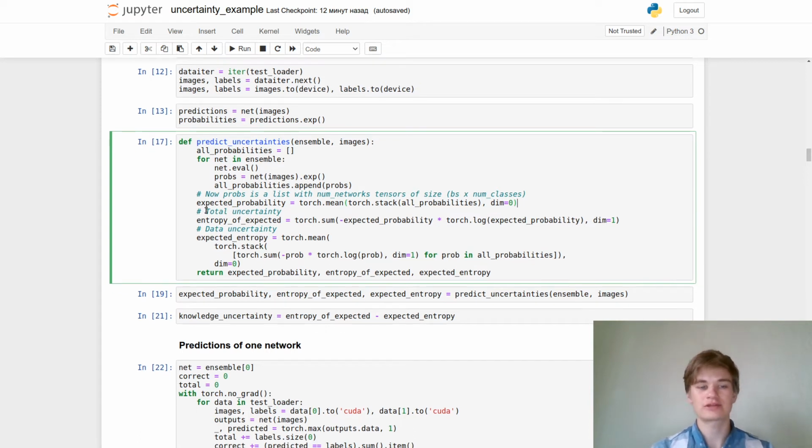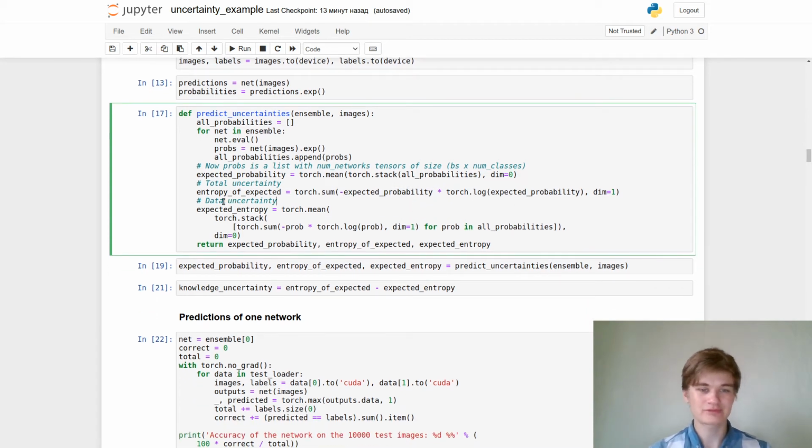Then we can calculate total uncertainty, which is entropy of expected prediction. And this is just sum of minus p multiplied by logarithm of p, where p is expected probability. This is also very simple.